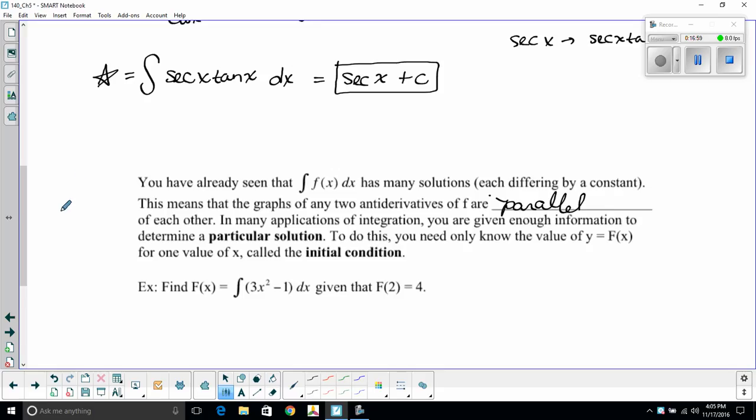So that would be like vertical translations. I don't know if you'd call that parallel. This is what I'm putting in quotes. They're really just vertical translations of each other.